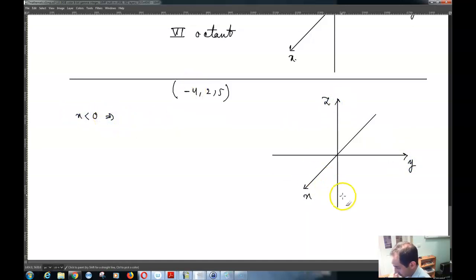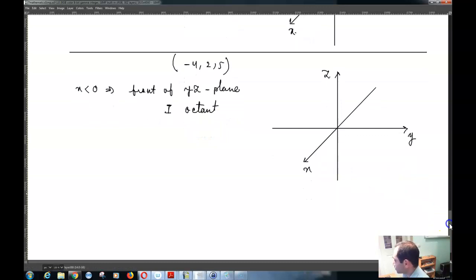That means that you're to the front of the YZ plane. And both y and z are positive. So y positive, you'll end up to the right of the ZX plane, and then to the top of the XY plane, so you'll end up over here. That is the first octant.